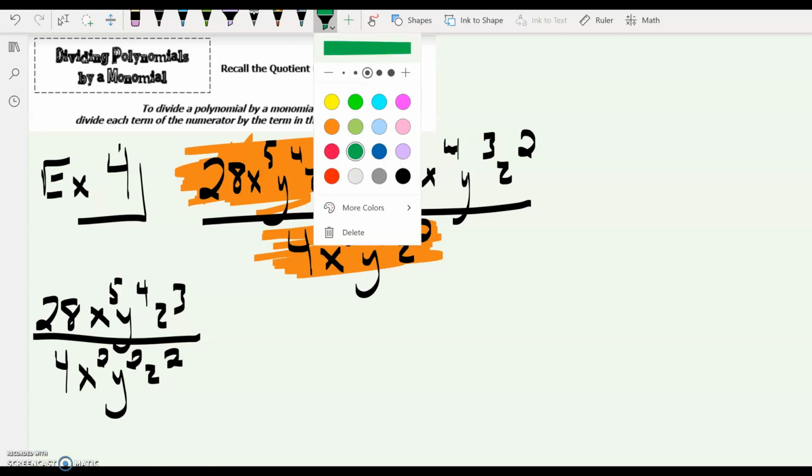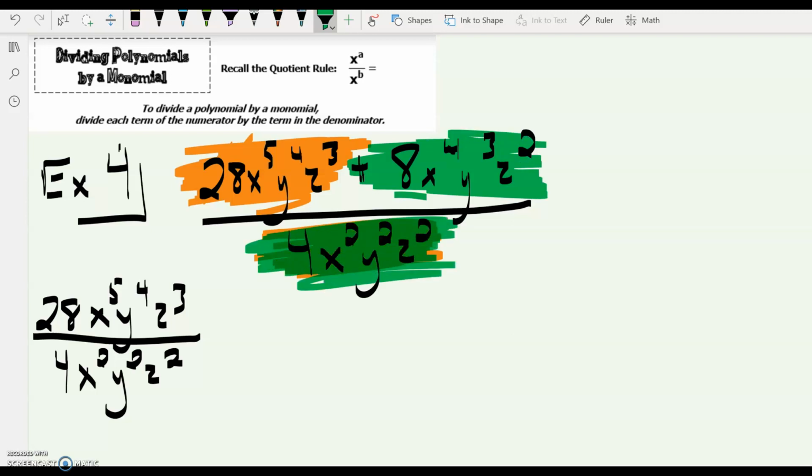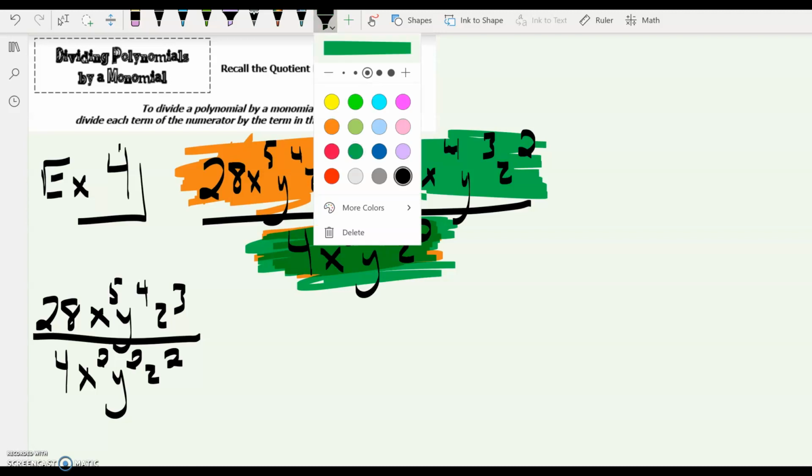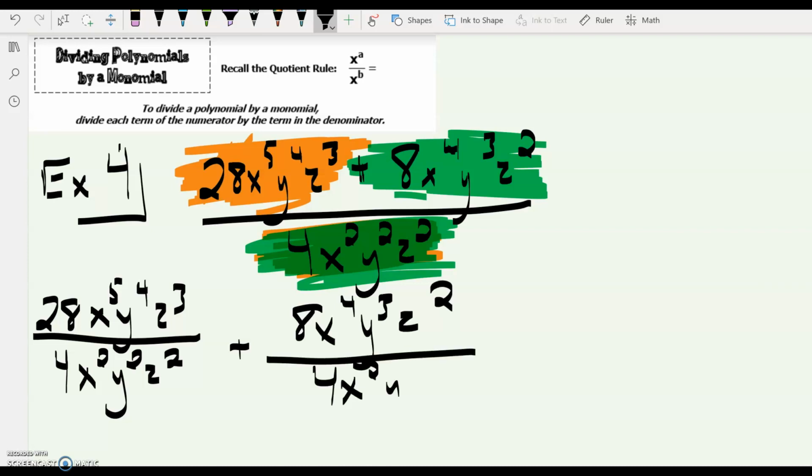And then I'll take this piece here, this plus 8x to the 4th, y to the 3rd, z squared, and that is also going to be divided by this piece right here. Okay, so plus 8x to the 4th, y to the 3rd, z squared over 4x squared, y squared, z squared.